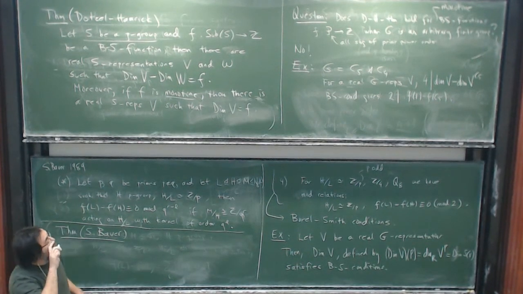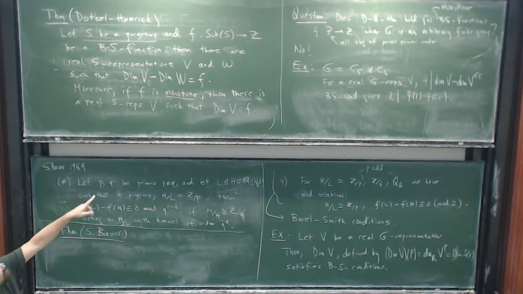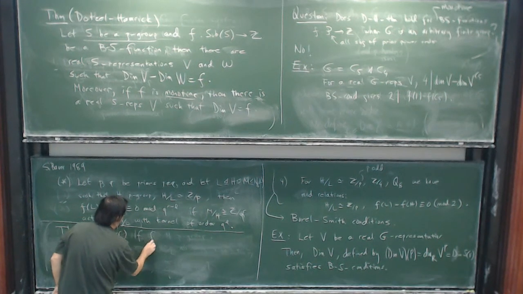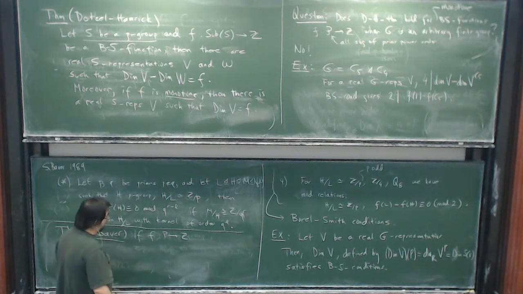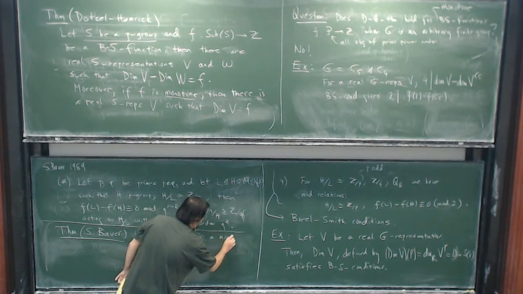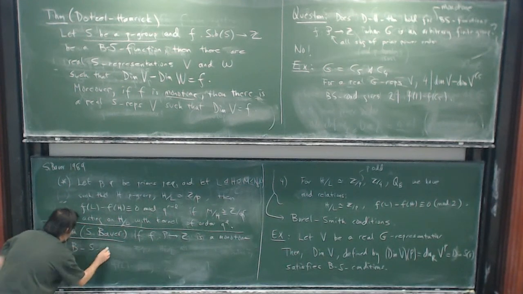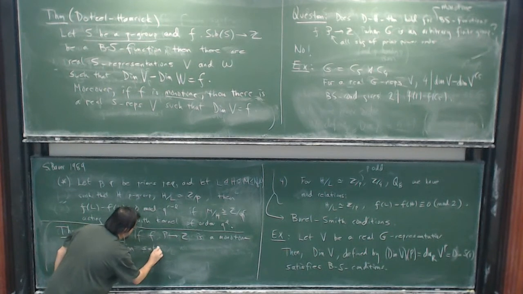Dotzer-Hamlick theorem holds for finite groups, for maps on p-subgroups to Z, but only the first part holds under this condition. So if f is a map defined on prime power order subgroups, a Borel-Smith function satisfying star.